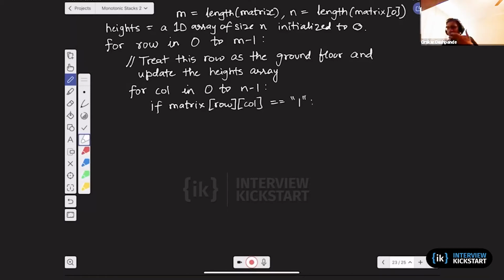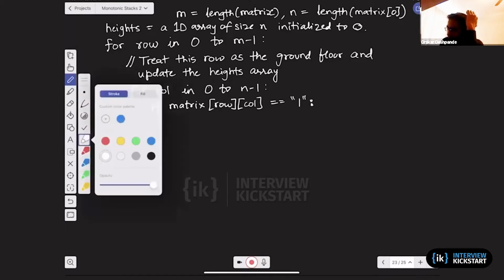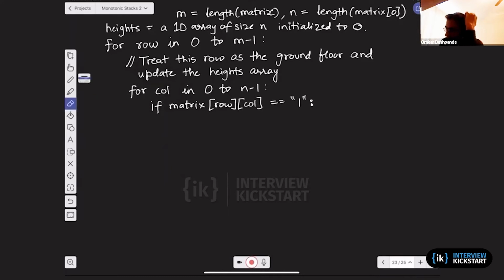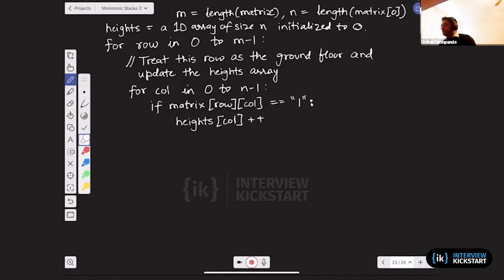This, by the way, is a two-dimensional array of strings or characters here. So if it's a 1, we will add a 1 to the corresponding entry in the histogram because that building just got one more floor taller. So you can say heights of column would increase by 1.